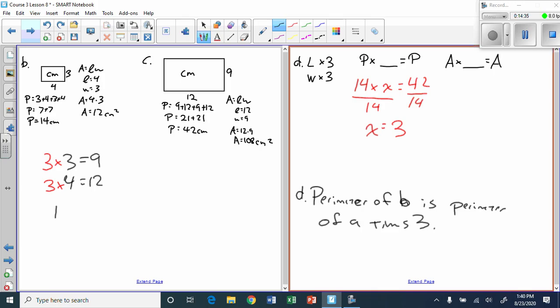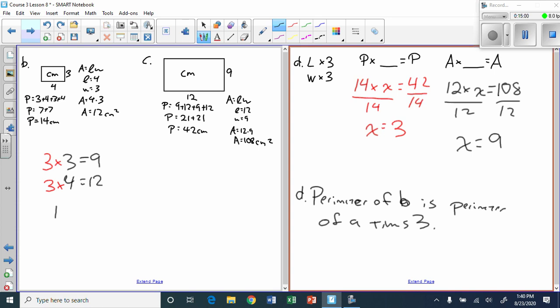Same as the side. So what about the area? Did we multiply the area by 3? So the area of the one was 12 times what? We'll say x equals 108. Divide by 12, divide by 12, x. 36 divided by 12 is 3. 108 divided by 12 is 9.